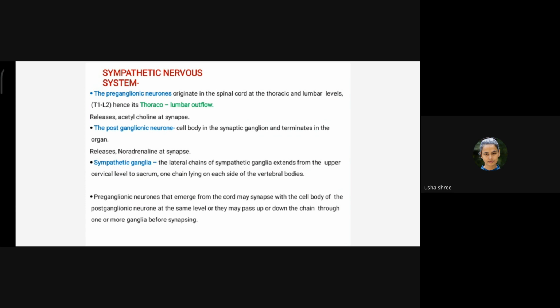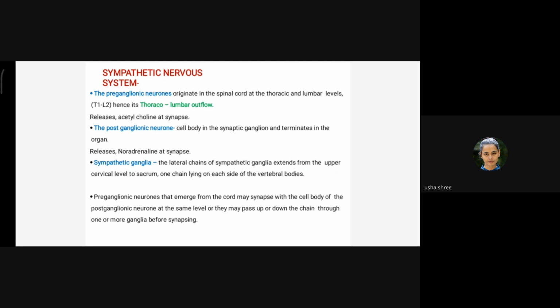It means information is coming from the central nervous system through the preganglionic neuron, and after that the ganglion, the postganglionic neuron is present, and this postganglionic neuron is ending up in the target organ, and this postganglionic neuron releases noradrenaline at the synapse.